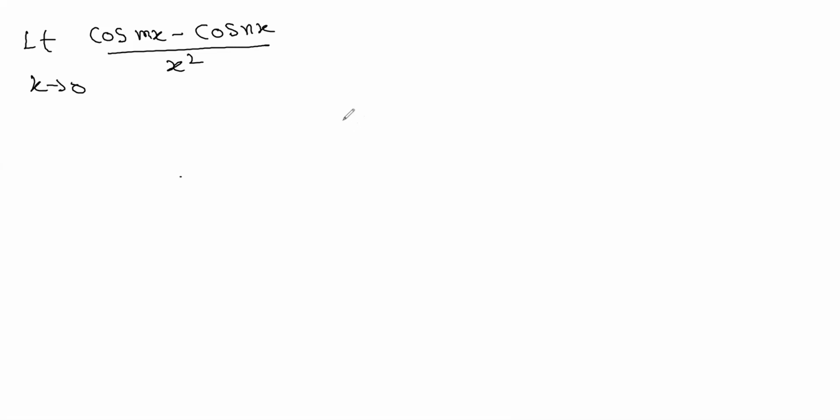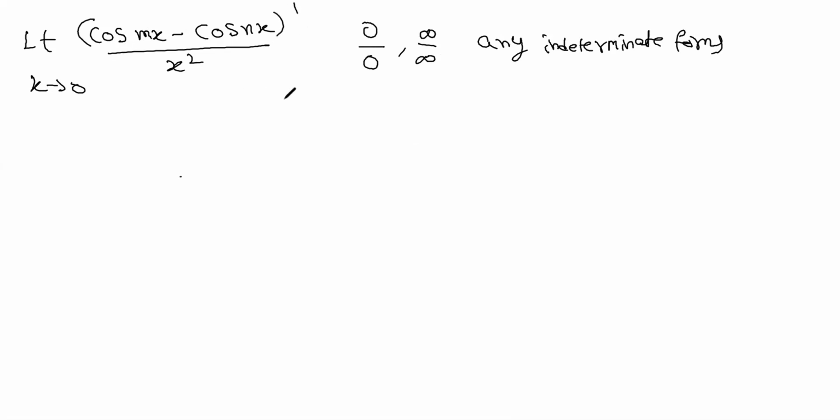It states it very clearly: if after applying the limit it is of the form 0 by 0, or any indeterminate form like infinity by infinity, differentiate the numerator separately, differentiate the denominator separately, until you are out of these indeterminate forms. You should not get indeterminate forms after applying the limit.